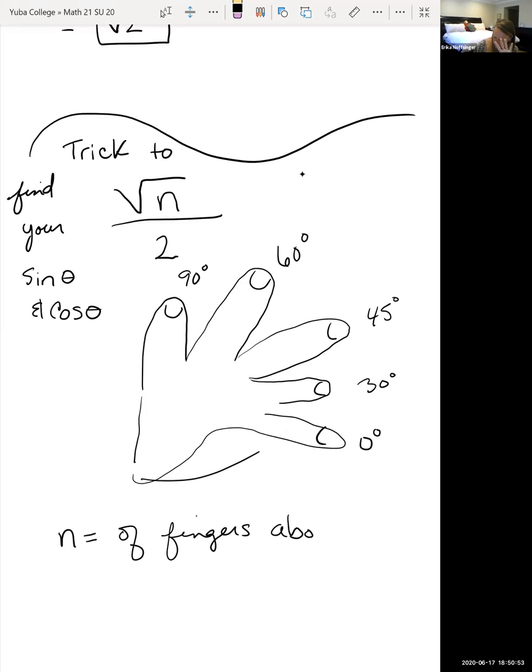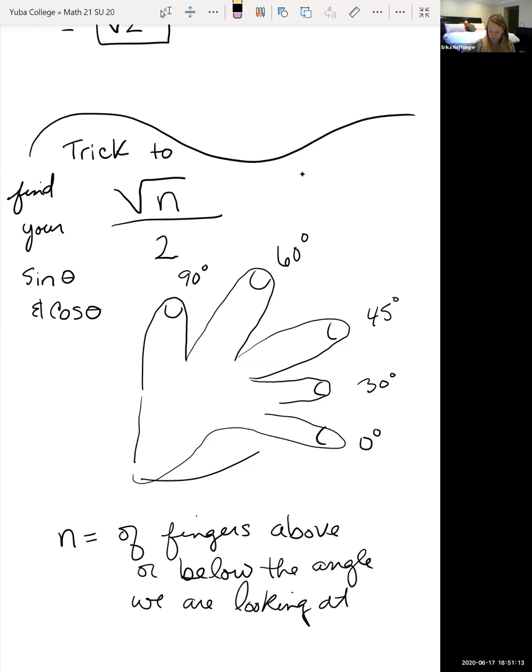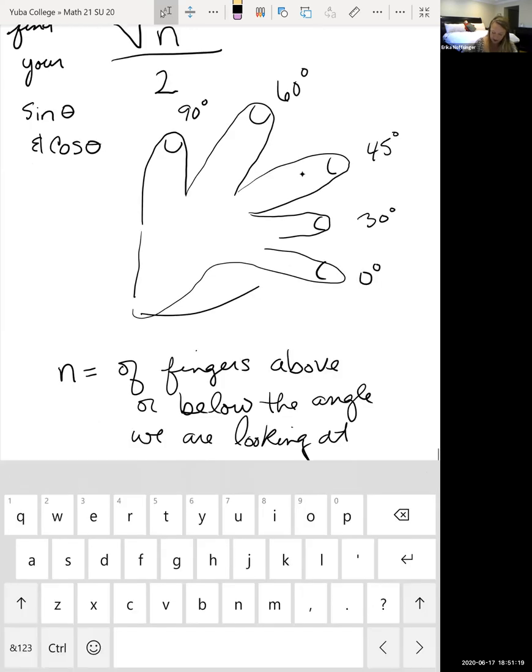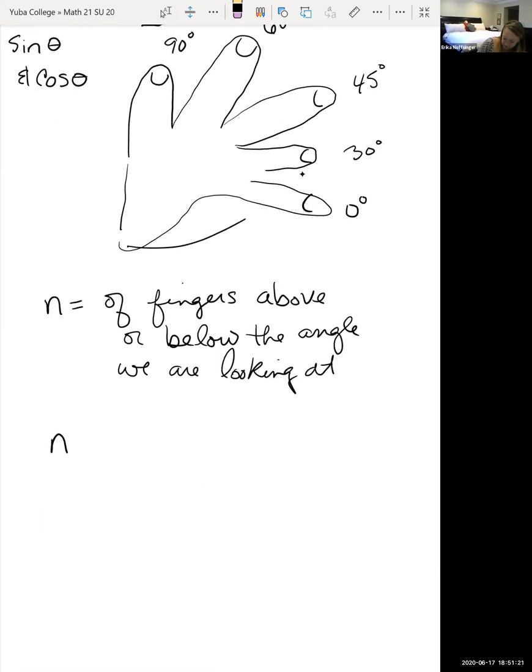above or below the angle we are looking at. So n equals number of fingers above if we're looking at cosine.